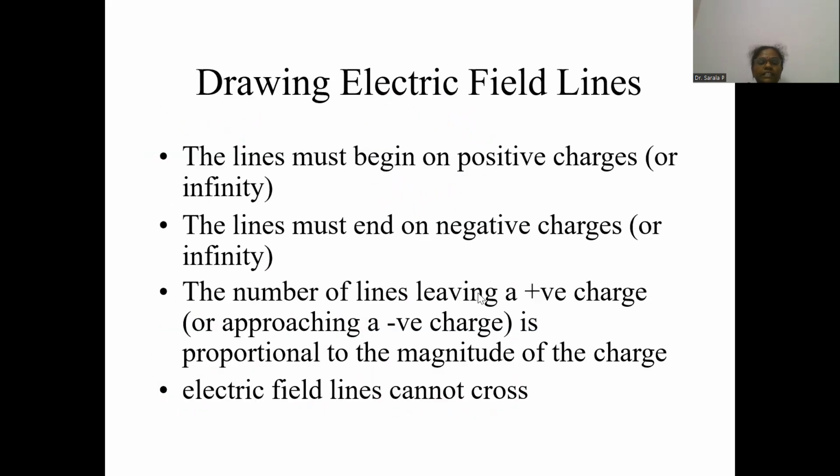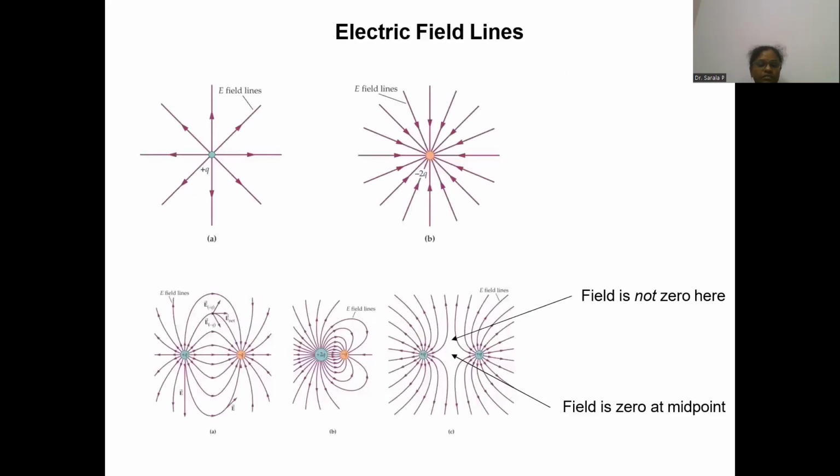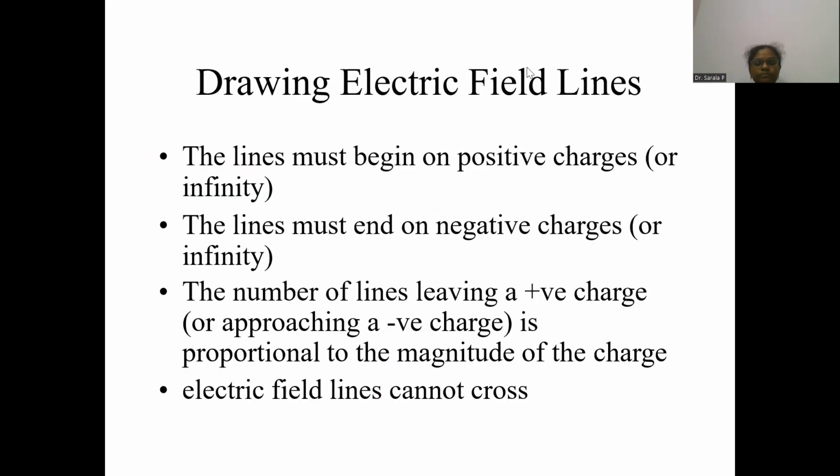The number of lines leaving a positive charge or approaching a negative charge is proportional to the magnitude of the charge. The electric field lines cannot cross each other.